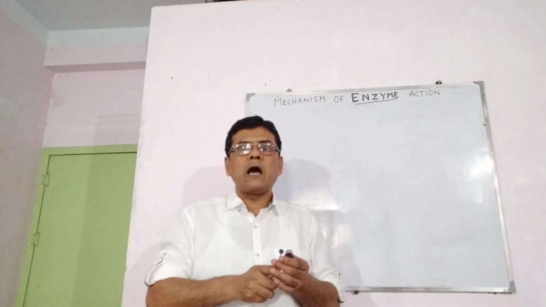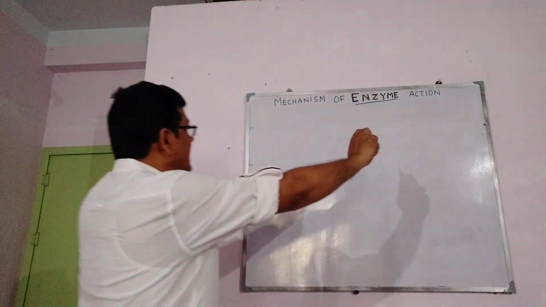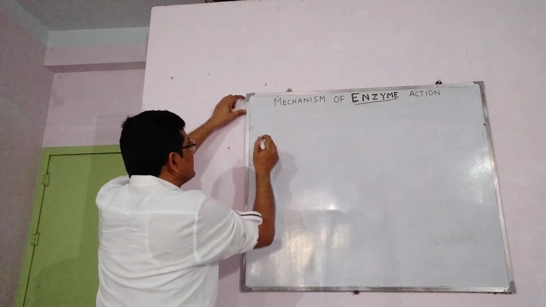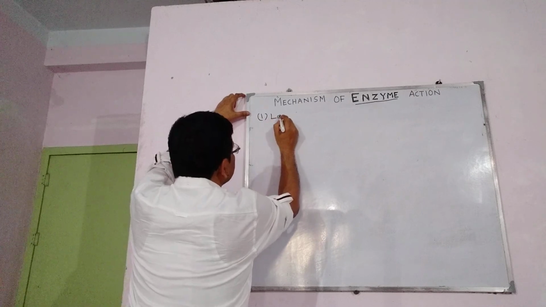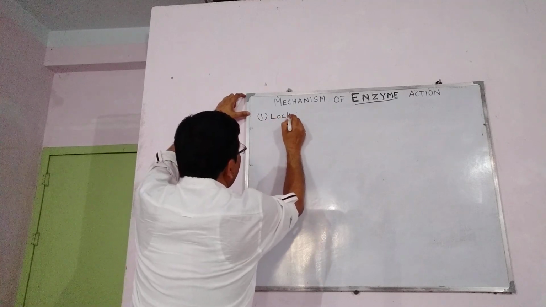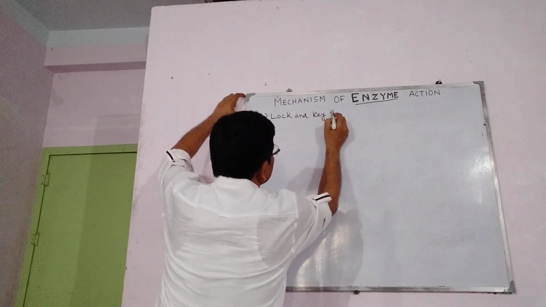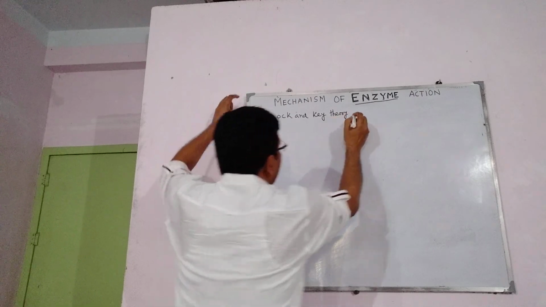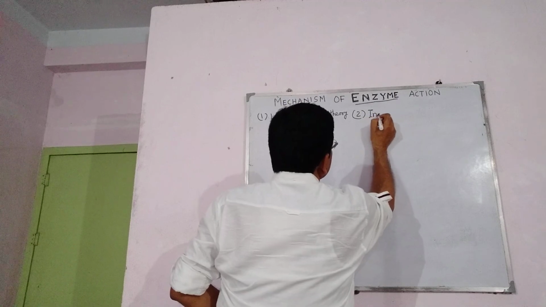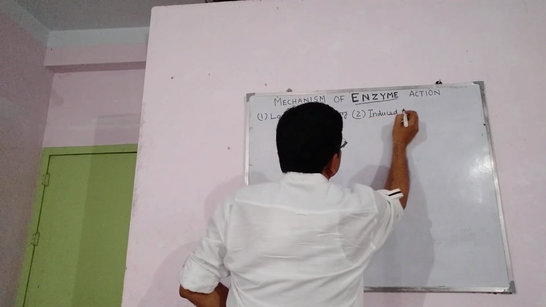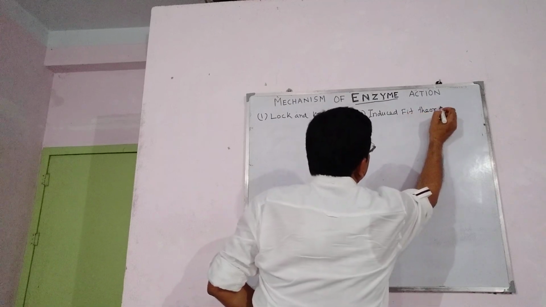Now let us see the mechanism of enzyme action. For this there are two main theories: the lock and key theory, and the second one is the induced fit theory.